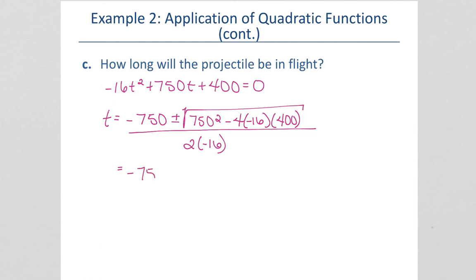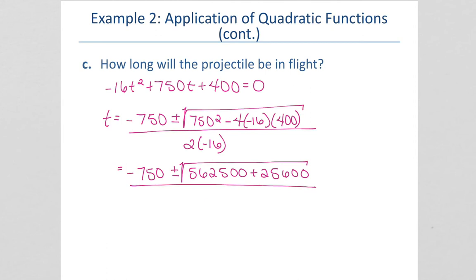And we start simplifying. So 750 squared is this number. And negative 4 times negative 16 times 400 is this number. And 2 times negative 16 is negative 32.